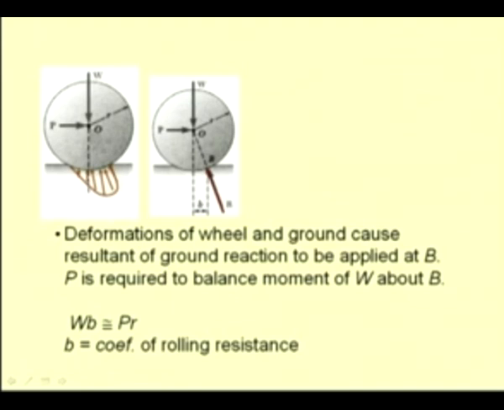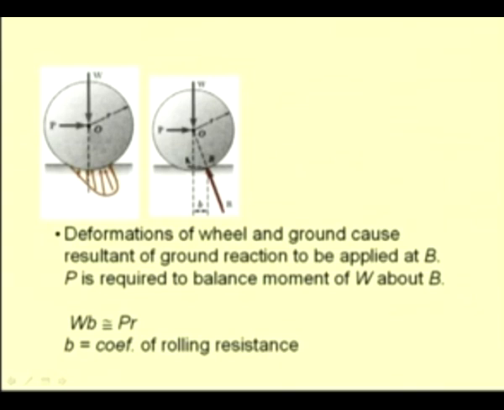So, we see that the moment of this weight is W times b, the horizontal displacement of this point, which has to be equal to the moment due to this force P times the moment arm, which is say this point A, so OA.